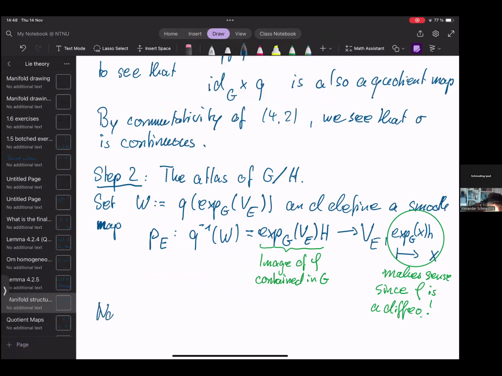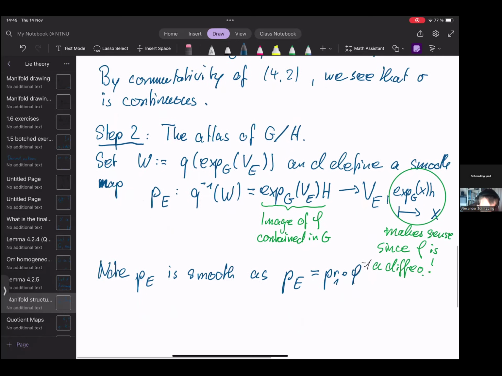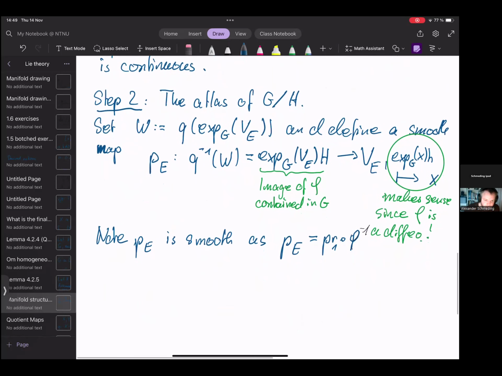Note PE is smooth, as PE is actually the projection onto the first component composed with the inverse of phi. Yeah, so this is basically how we construct this. So we get smoothness here. Okay, great. So this is really a smooth map.